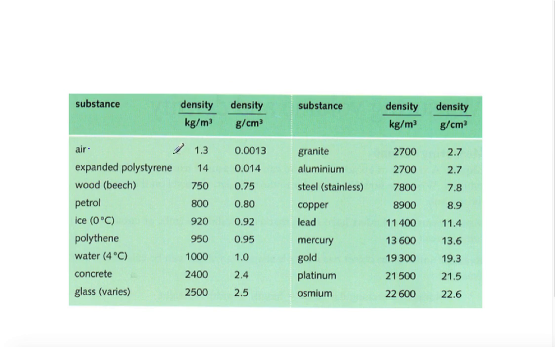As you see, each material has a different density, so when we look at their density, we can identify the materials. Let's say we have a material and we measure its mass and get, let's say, 100 gram, and we measure its volume and it is, let's say, 100 centimeter cubed.